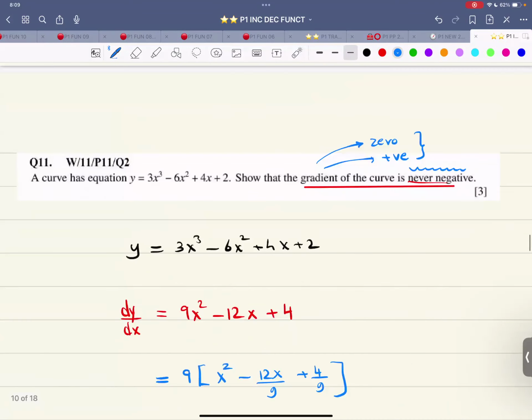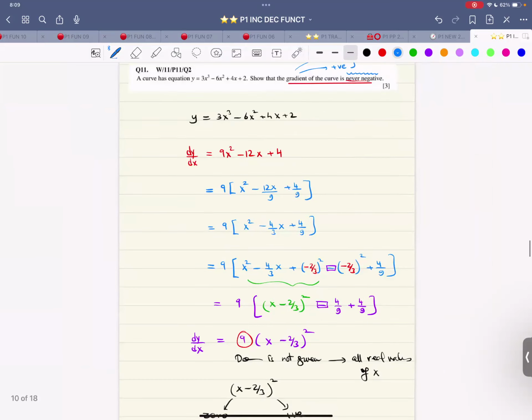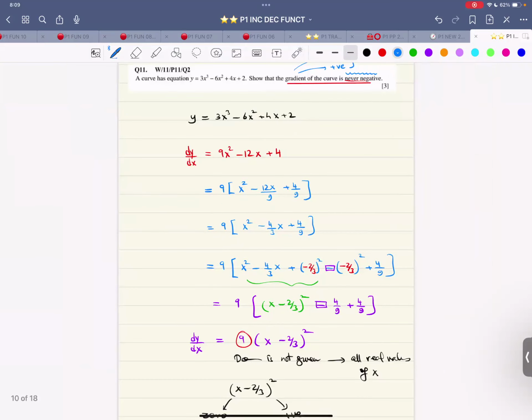Now just have a good look at this question number 11, in which the domain is all real values of x. So let me write it down: all real values of x, and gradient is never negative. That means we have proven that it can be positive or it can be 0.